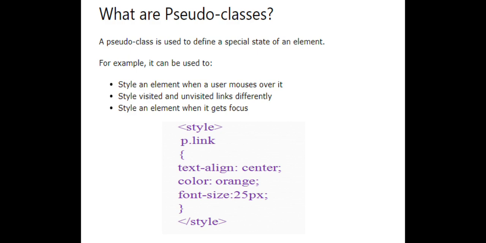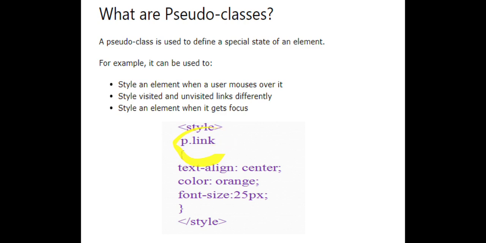Selector means a tag. We have the properties text align, color and font size, with their own values: text align is center, color orange, font size 25 pixel. Then close the style tag. So here the pseudo class is link and p is a selector.